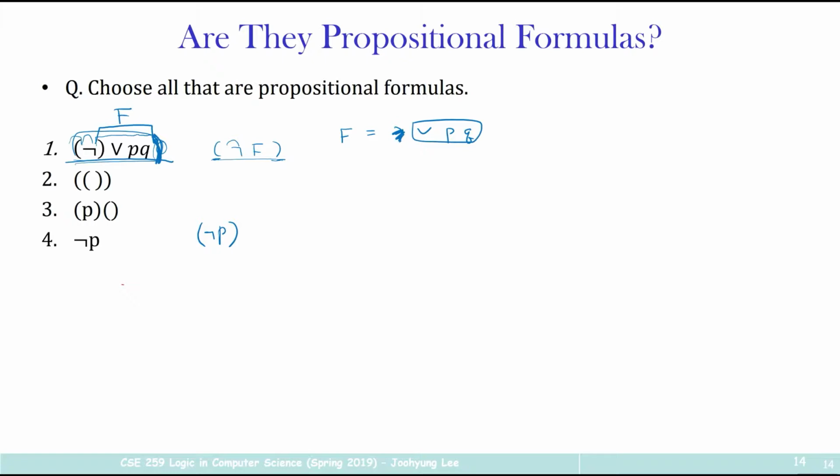I told you just before that we will not skip any parentheses. So for now, if we follow the definition precisely, then this is a formula, but this is not a formula. So let me say that this is not a formula, not a formula, not a formula, not a formula.